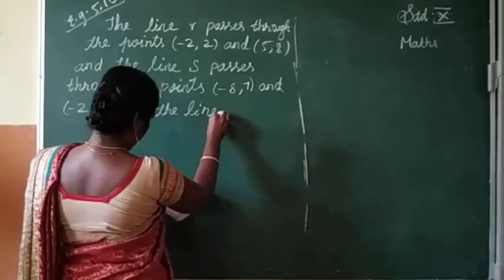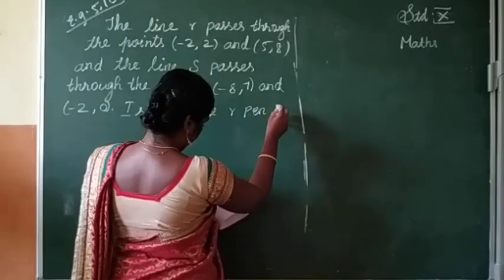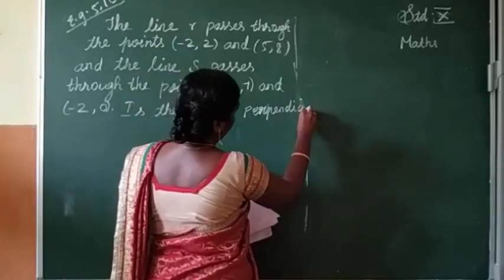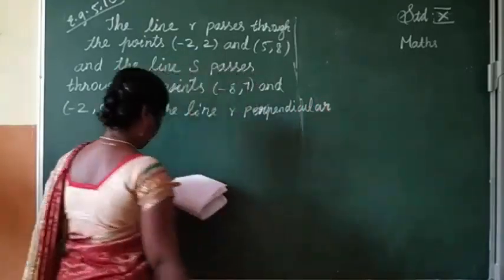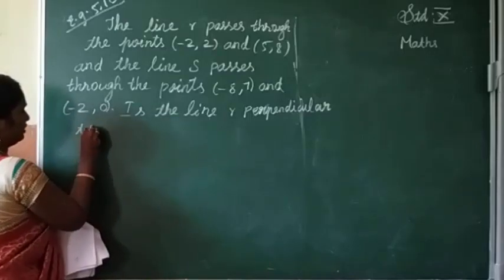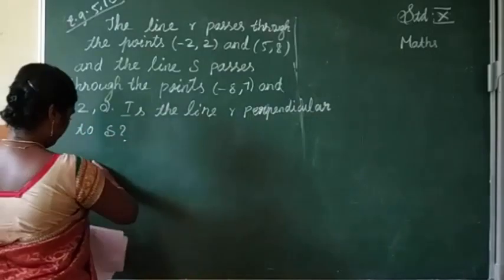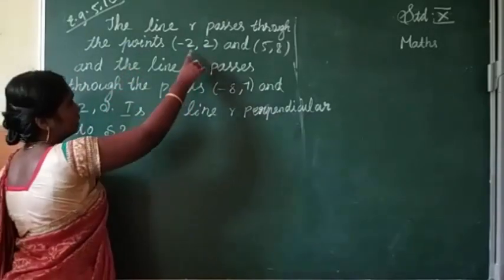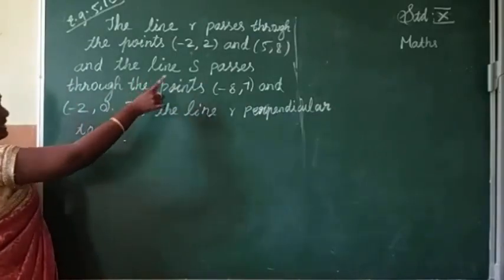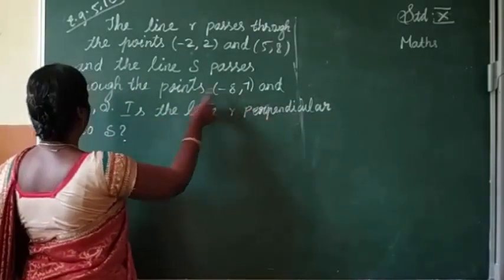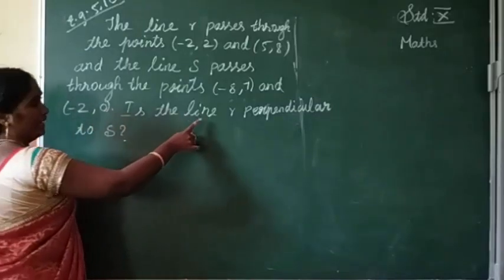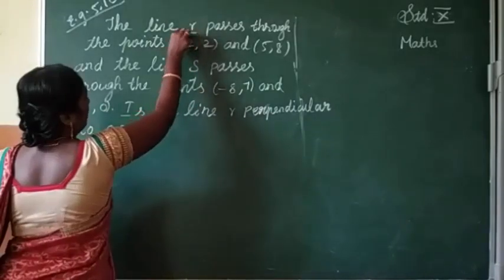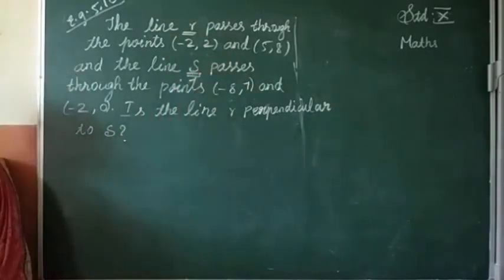Is the line R perpendicular to S? See, the line R passes through the points minus 2, 2 and 5, 8, and the line S passes through the points minus 8, 7 and minus 2, 0. Is the line R perpendicular to S? So we are going to find whether the lines R and S are perpendicular or not.